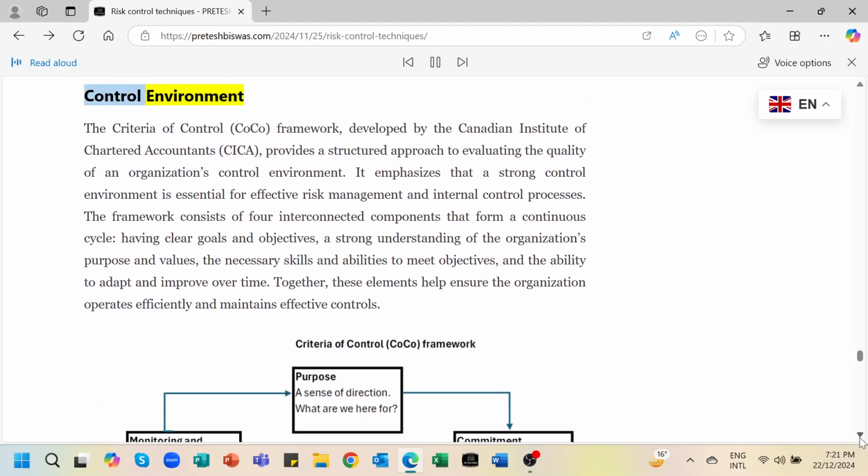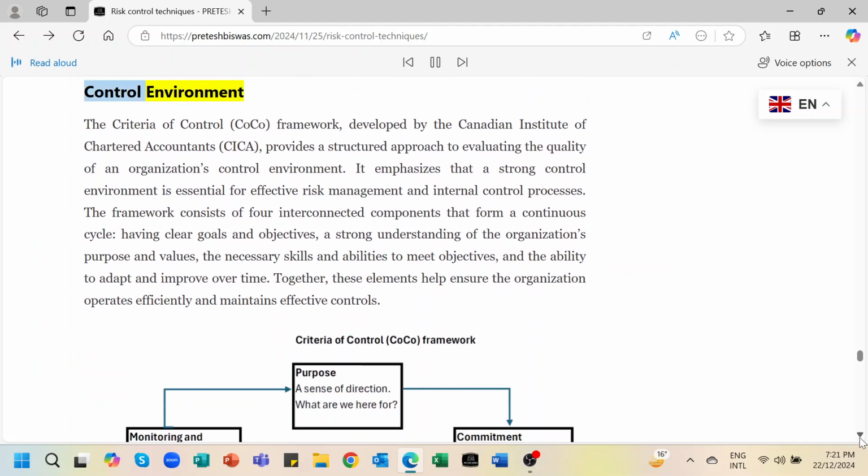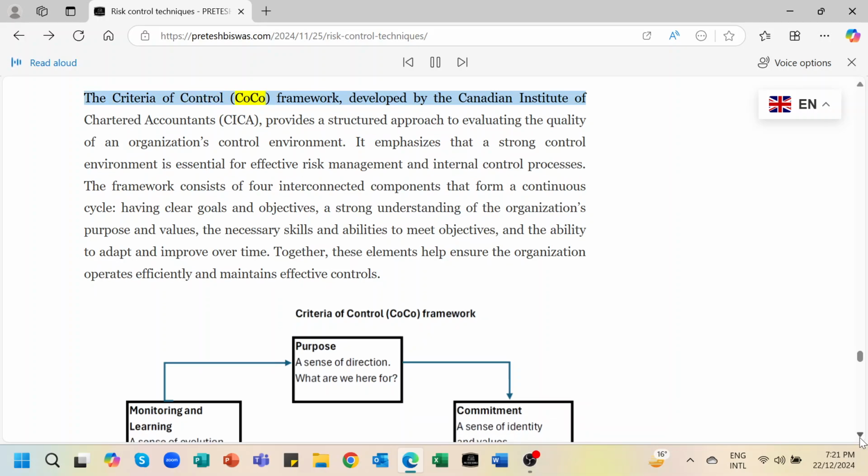Control environment. The criteria of control, COCO framework, developed by the Canadian Institute of Chartered Accountants, CICA, provides a structured approach to evaluating the quality of an organization's control environment. It emphasizes that a strong control environment is essential for effective risk management and internal control processes.